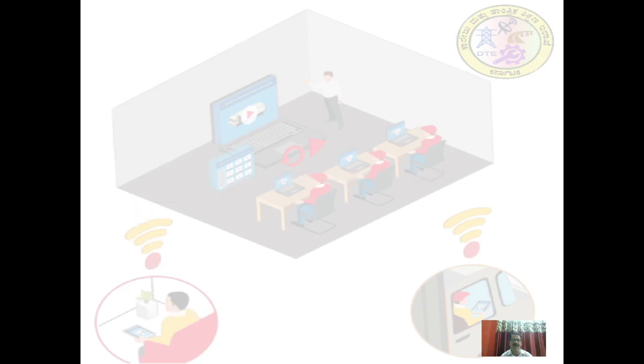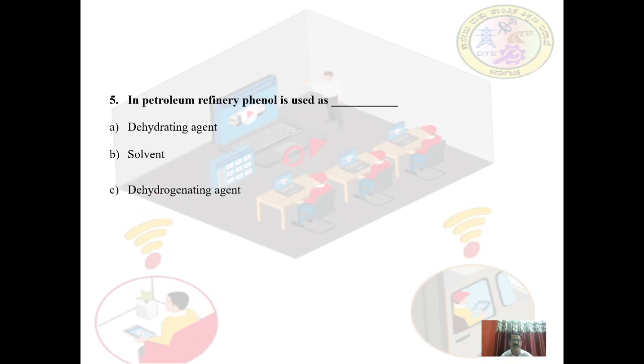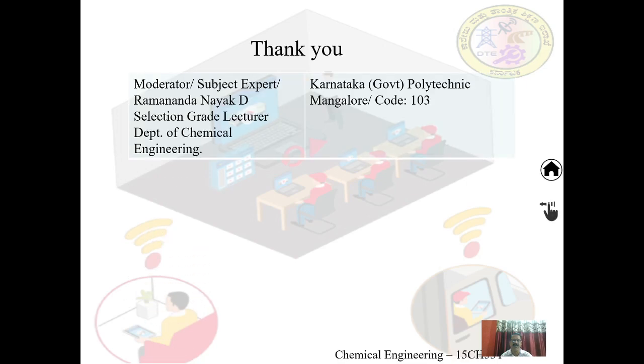Question number 5. In petroleum refinery, phenol is used as dash. Options are A, dehydrating agent, B, solvent, C, dehydrogenating agent, and D, none of these. Right option is option B, that is solvent. Thank you.